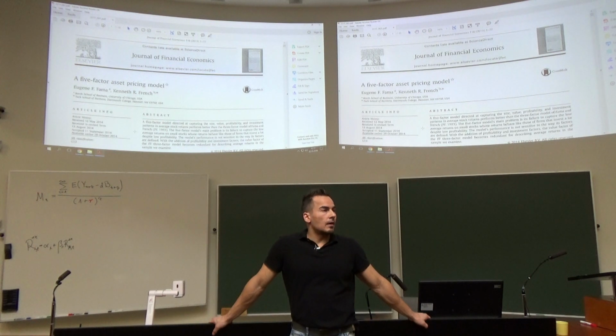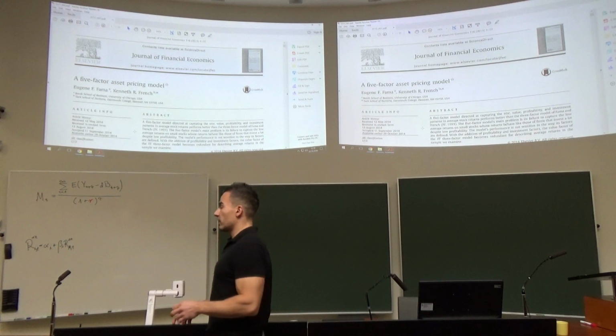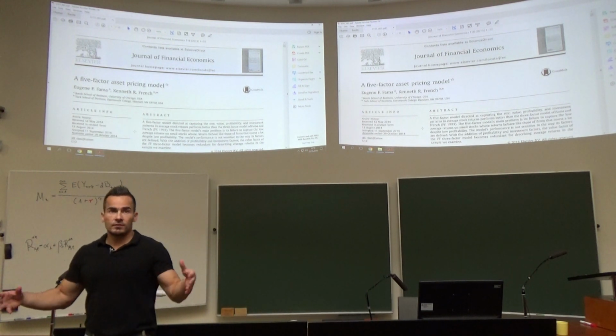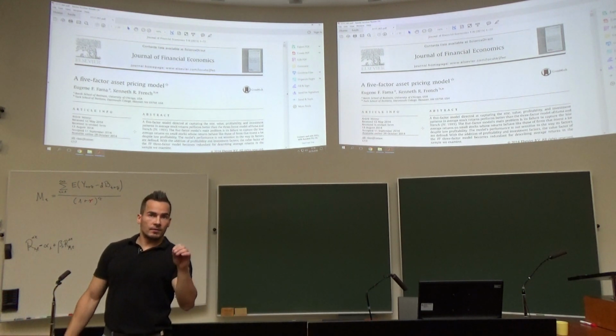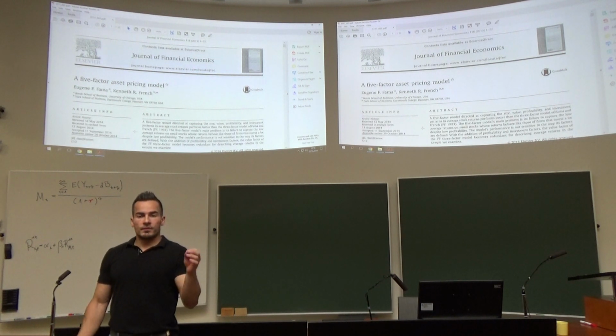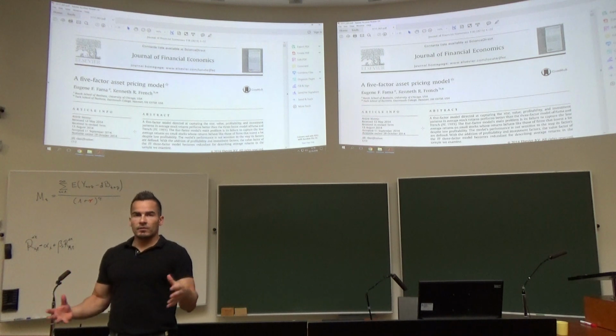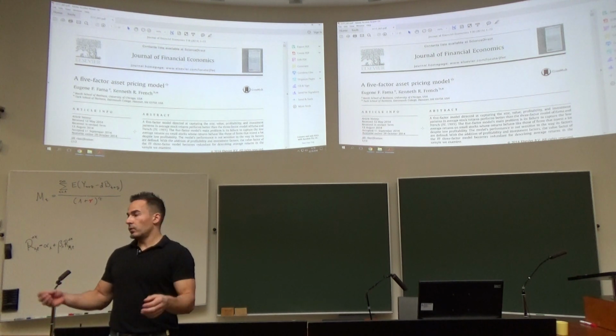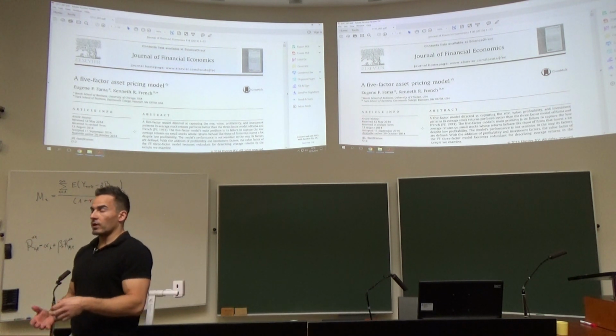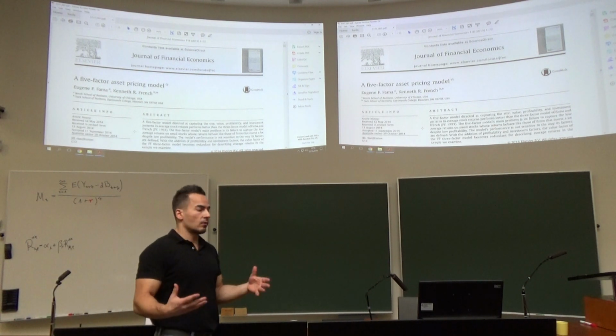So people do that sometimes, but the thing is, we don't know these factors, and it's an ex post analysis. You have to have the data already in order to extract these orthogonal factors out of the data set. And you can do the same analysis for any data set. We are operating here with stocks, but you can do it, as I told you, for currencies, and that has been done already.